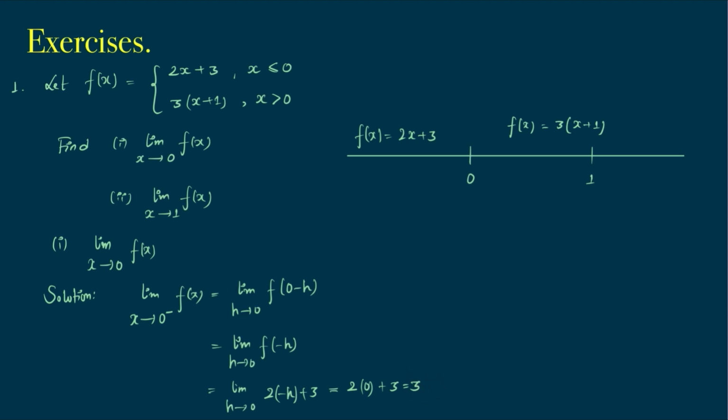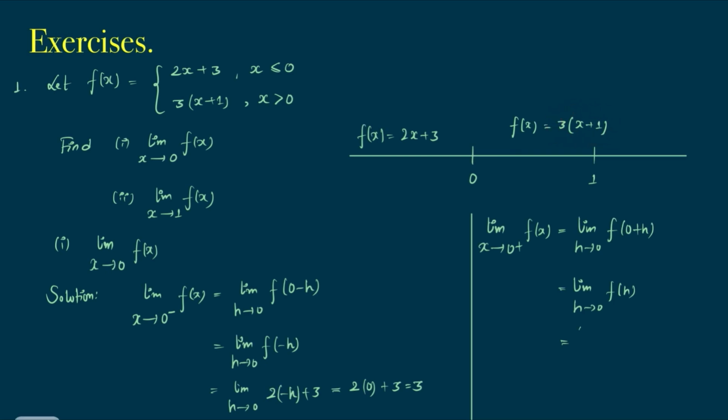Now I have to find the right hand limit as well. So limit x tends to 0 plus f(x) equals limit h tends to 0 of f(0 plus h), which equals limit h tends to 0 of f(h). Here, since we are approaching 0 from the right hand side, this time the function we should use is 3 into x plus 1.